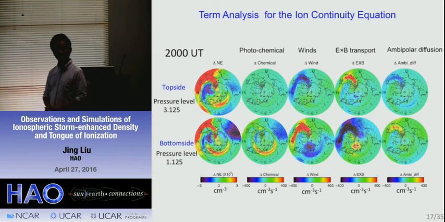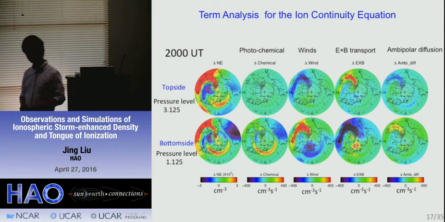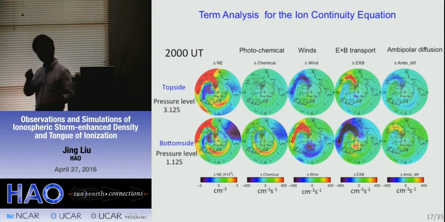Another question: how strong are the fluctuations within, for example, the electron density? I mean, what is actually the smoothing length scale of these pictures that you show us here? You mean the electron density enhancement relative to quiet time reference?